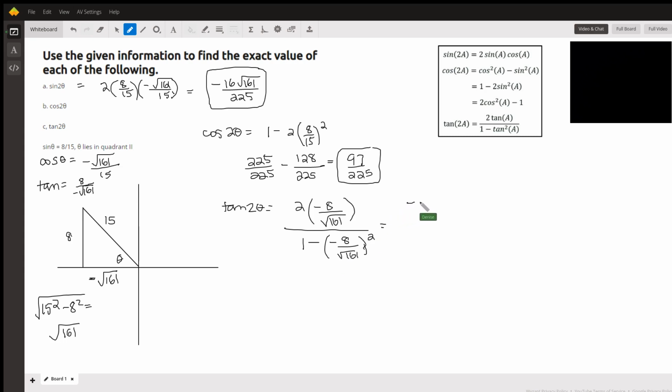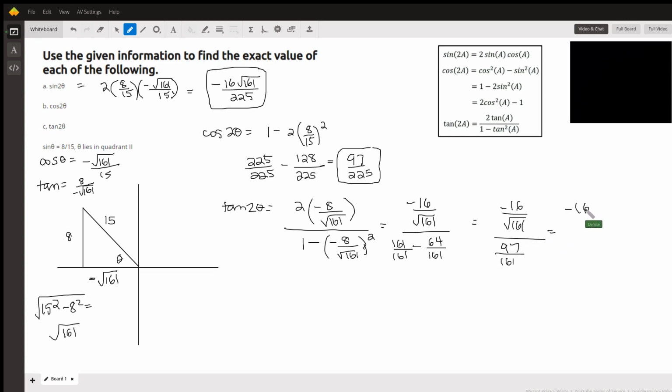So this will be negative 16 over radical 161. This will be 64 over 161. And again, with the concept of a common denominator, I'm going to change this into 161 over 161. So this is going to be negative 16 over radical 161 over 97 over 161.